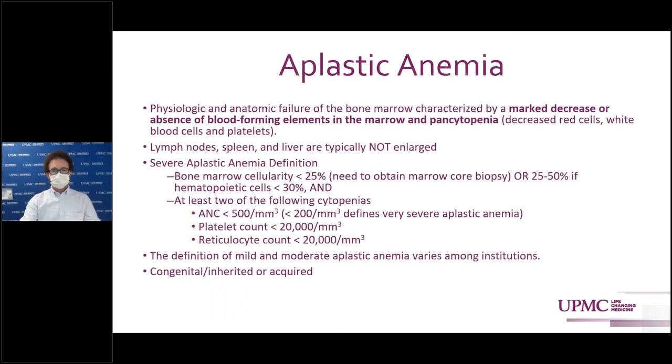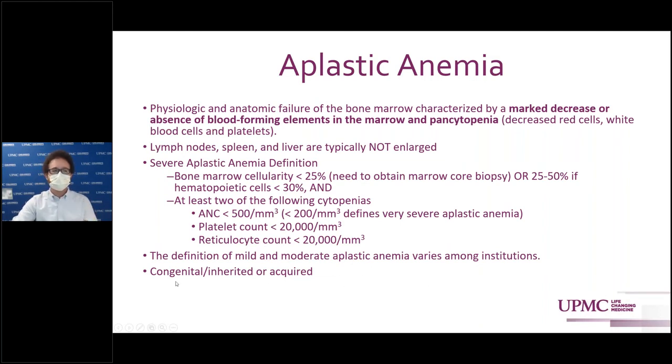Aplastic anemia, finally, is, again, poorly named because you think anemia is just the red blood cells, but it really is a pancytopenia syndrome. So the definition of severe aplastic anemia is when you have a decreased cellularity in the bone marrow, and also this being seen in the peripheral blood, so low neutrophil count, low platelet count, low reticulocyte count, and can kind of vary.